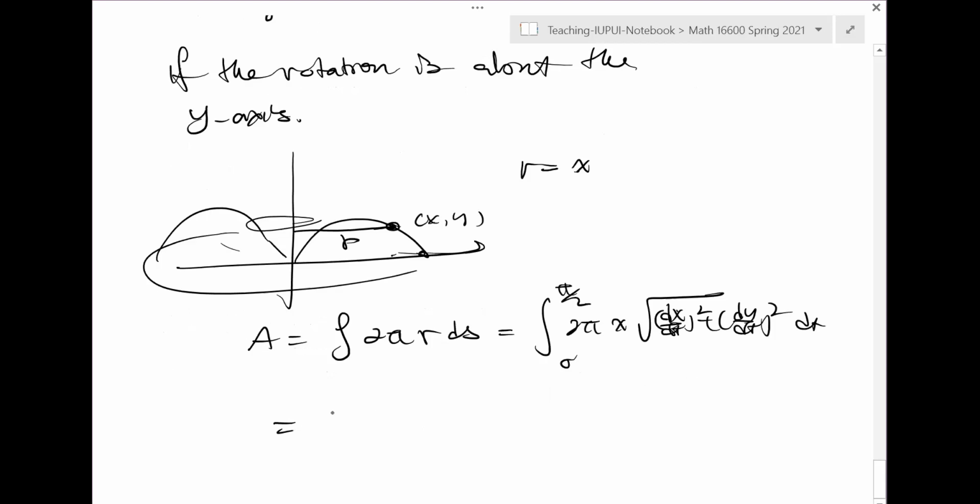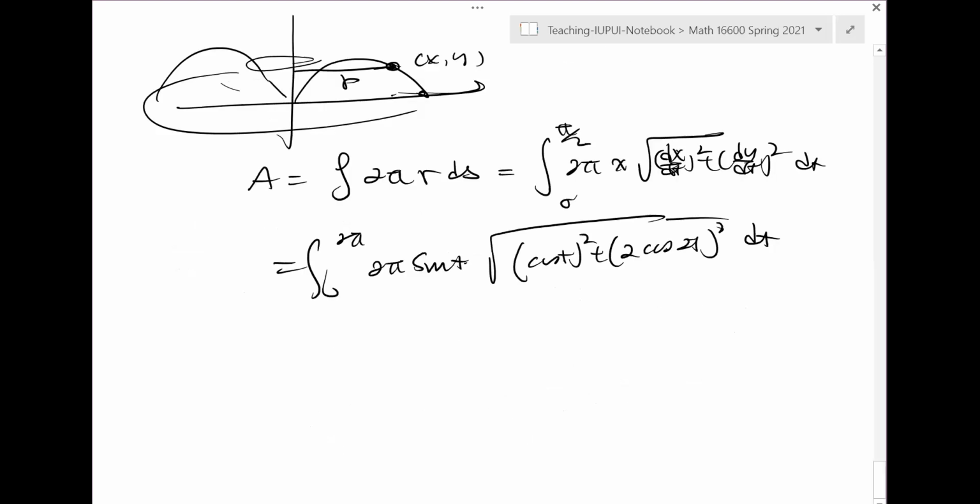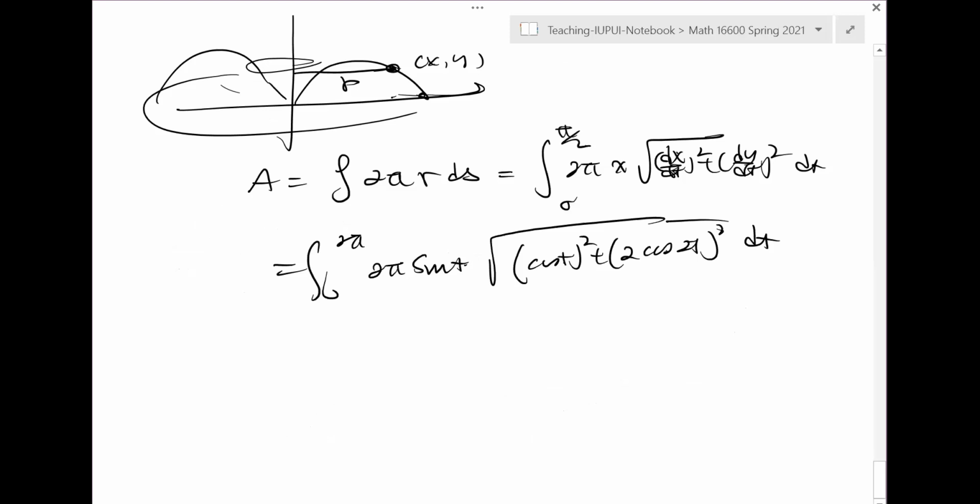Then you look at what x is. x is sine t, and here it's going to be cosine t when you differentiate, and 2 cosine 2t squared.